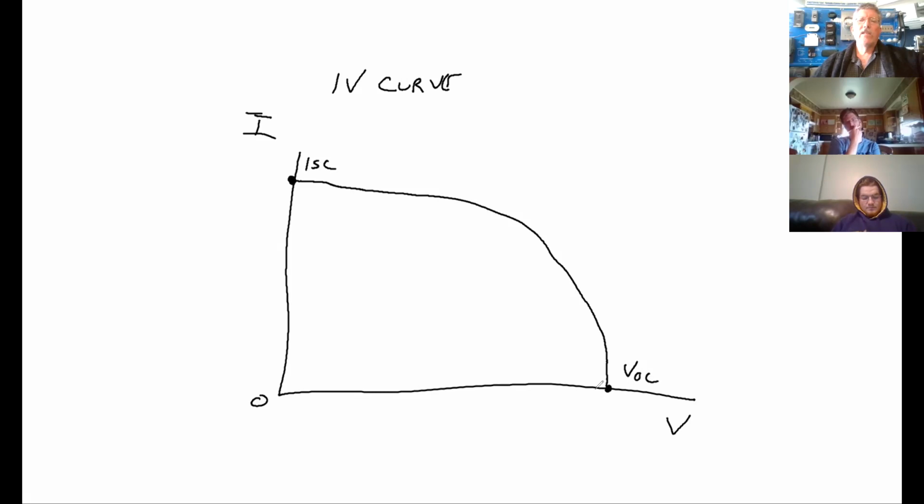But under either of these scenarios, you're producing 0 watts. This curve here is watts, because watts equals amps times volts. So under ISC conditions or VOC conditions, your panel is producing 0. So that's a bad situation. But somewhere along the curve, and it's usually going to be right here in this bend somewhere, is the maximum power point, or the Pmax.